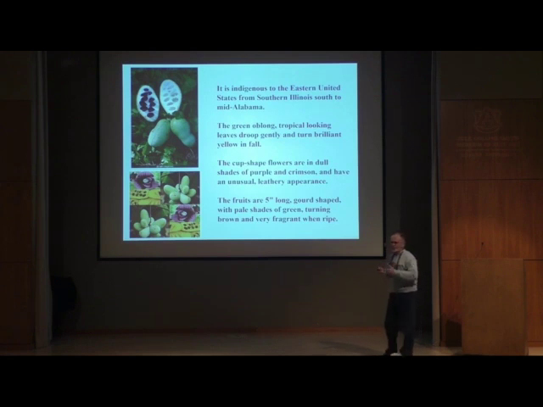The problem that we have with it in the woods is possum. The possums love it, so you really have to be attuned to when it's ripening, because the possums will come and eat it and leave you nothing.